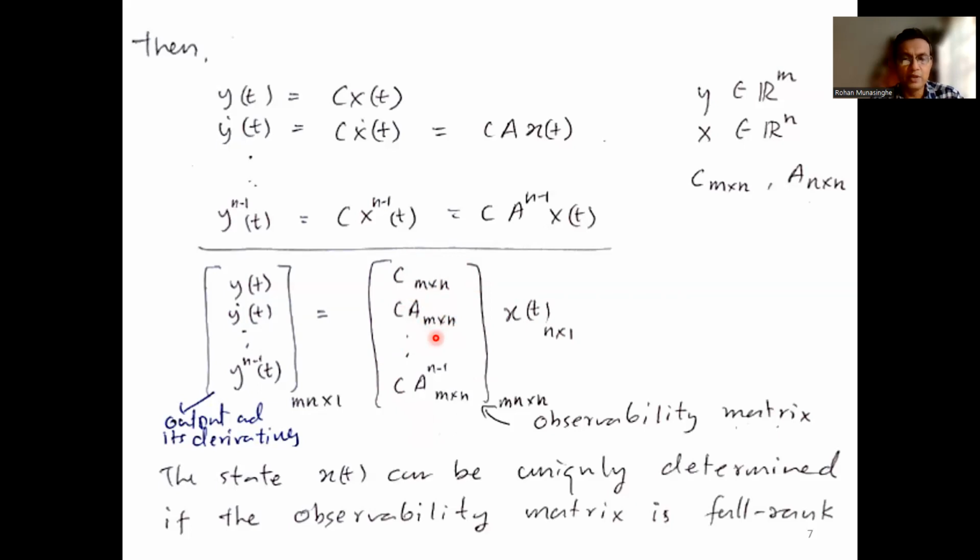And this has to be full rank. Okay. So if it is full rank, which means there is a unique solution. And the system is completely observable.